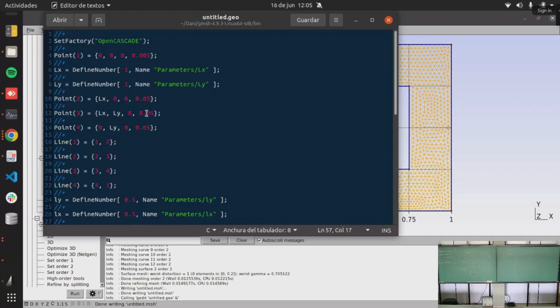Maybe you want to change the resolution in the exterior, and you have to change only here, put a smaller number. I put in the origin point 0.005, and now I put in the exterior point 0.001.